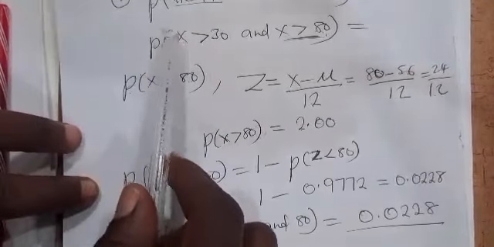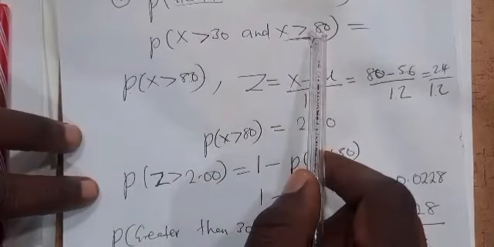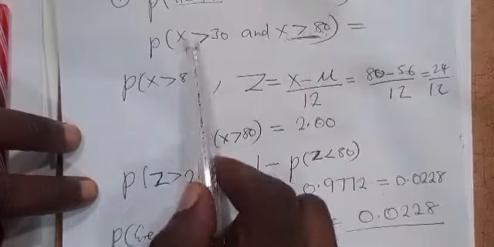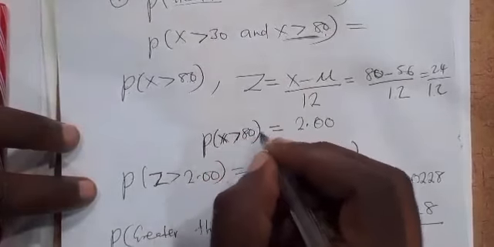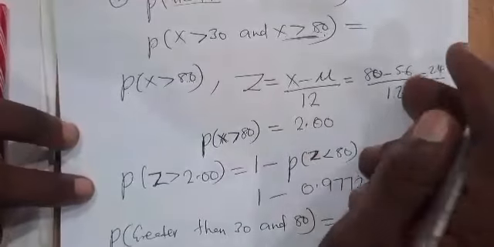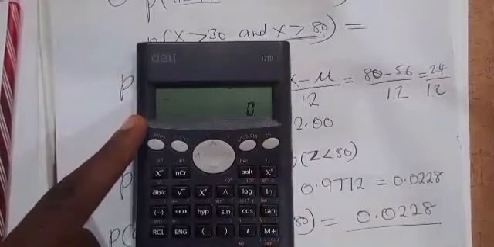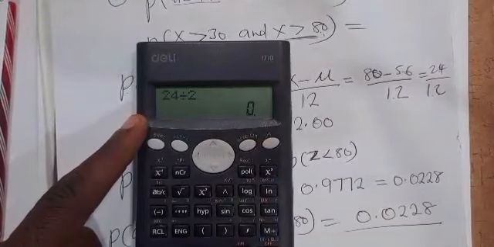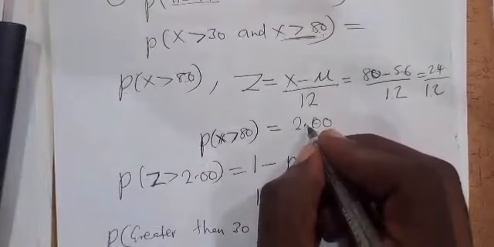Because if x greater than 30 and x greater than 80, both are greater, we just pick the bigger number. So the probability of x greater than 80 is equal to, since it is just 2, when you divide 24 by 12, it will give you 2. But we always leave it as 2 decimal places.